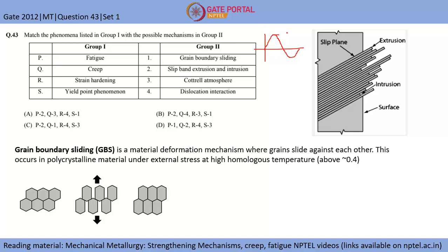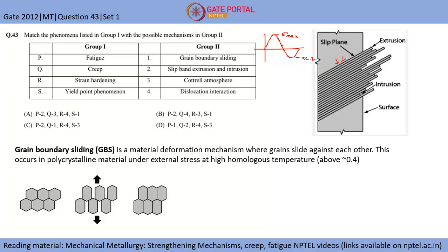What happens in fatigue is, when this cycle is going towards sigma max, the dislocations moving on this plane are pushed forward, moving in a particular direction, till sigma max.